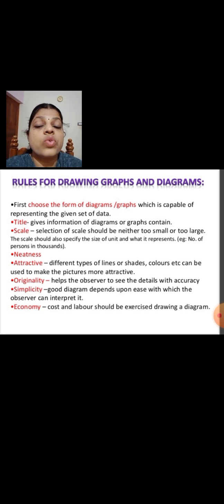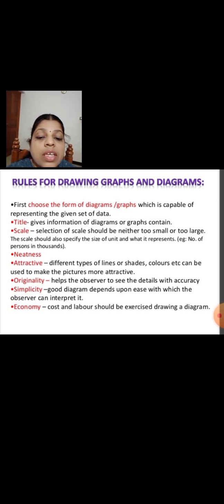Next one is attractiveness. The different types of lines, shades and colors can be used to make the pictures more attractive. So this picture should be more attractive. How can we make it more attractive?